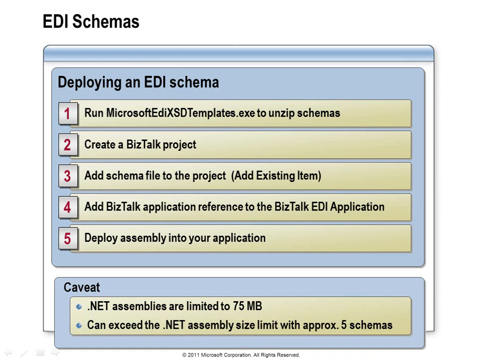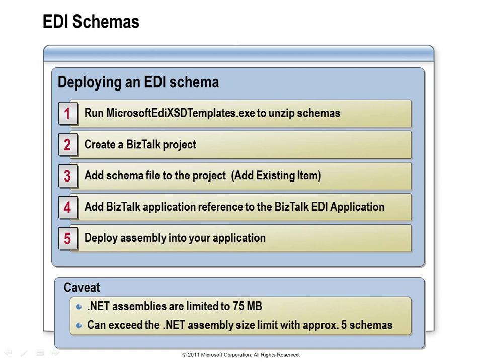And the other key thing is that in addition to deploying your application, you're also going to have to add a BizTalk application reference in the administration console in order to use things like the EDI pipelines and other EDI components. All of those components, the pipelines and any EDI schemas, for context properties and things, are found in a special BizTalk application. And so in order to use those in your configuration of your application, you'll have to have that reference to the EDI application.